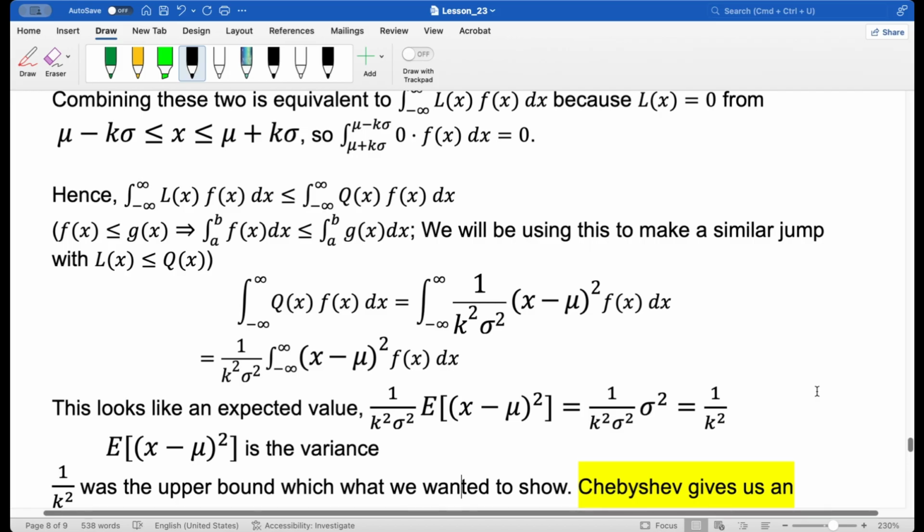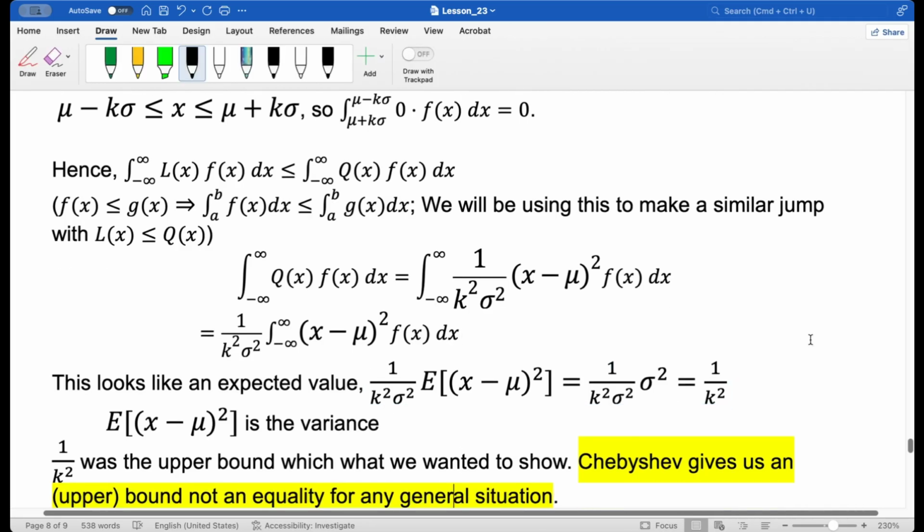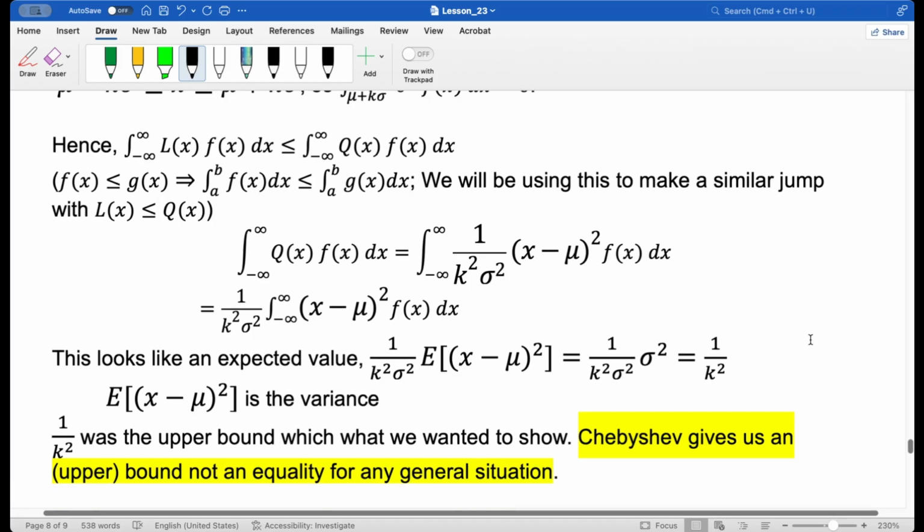And so we get that this integral is equal to 1 over k squared sigma squared from the outside. Inside is the definition of variance, another sigma squared. Those cancel out. We're left with 1 over k squared. And so that tells us that 1 over k squared is indeed an upper bound for these probabilities of being more than k standard deviations away.